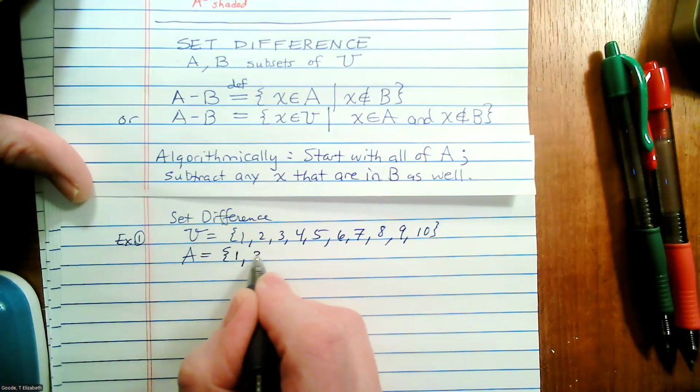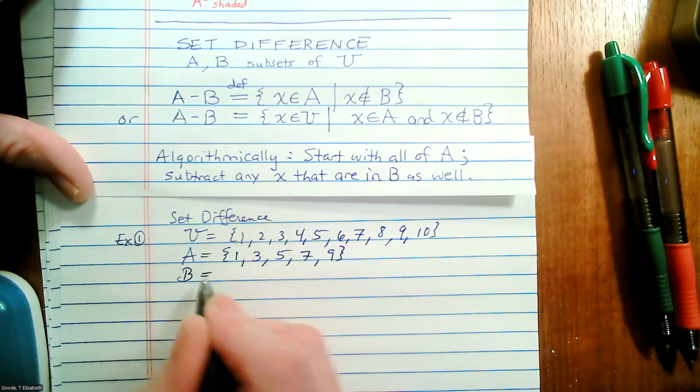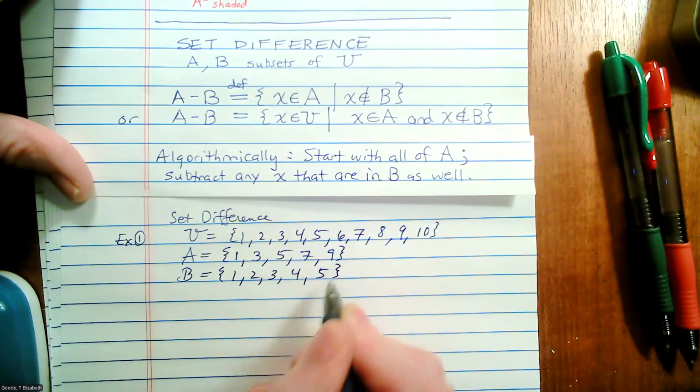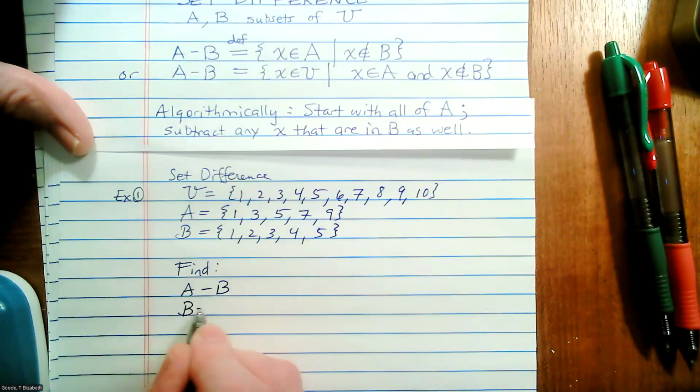Let's make it the odds: 1, 3, 5, 7, 9. And B is 1, 2, 3, 4, 5. Can you find A minus B and find B minus A?